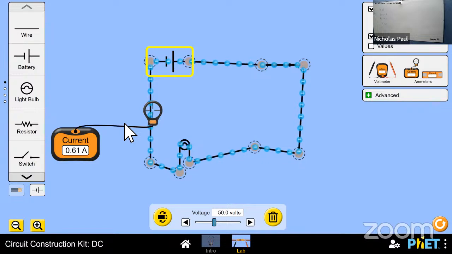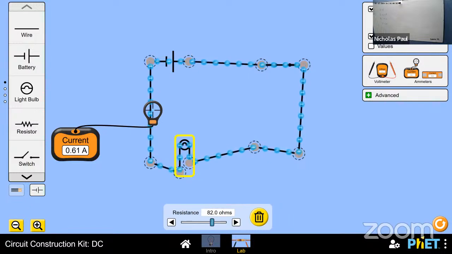Online, you can message your answer as well. How much do you get? 82? Right, okay. I didn't change it, so the same thing. 82 ohms. Are you okay with that? So basically, it just gives you the relationship between V, I and R. Are you okay with that?